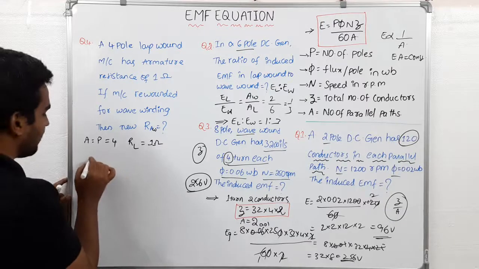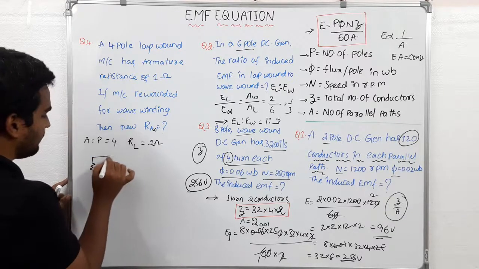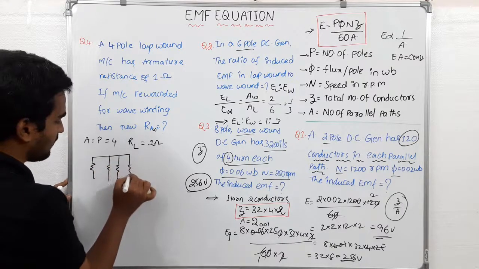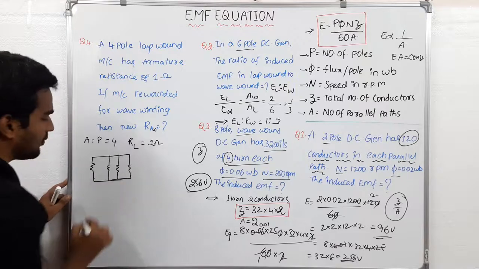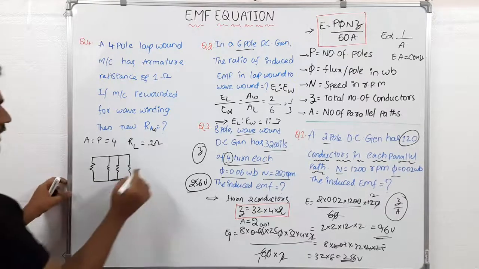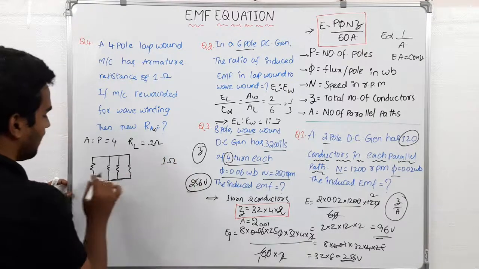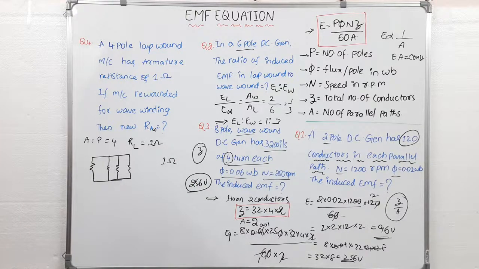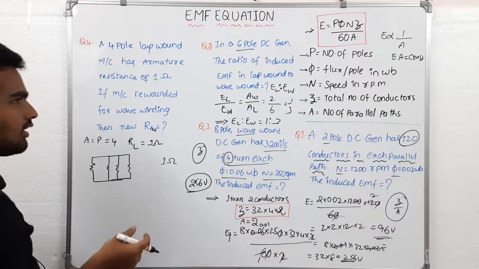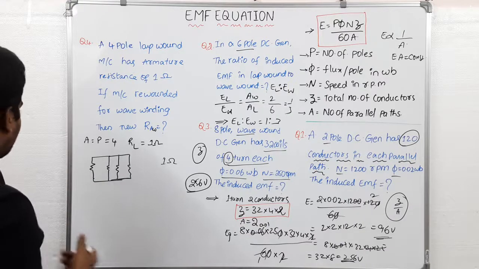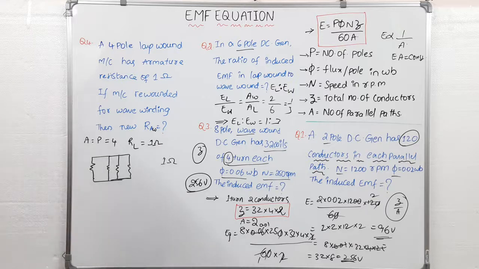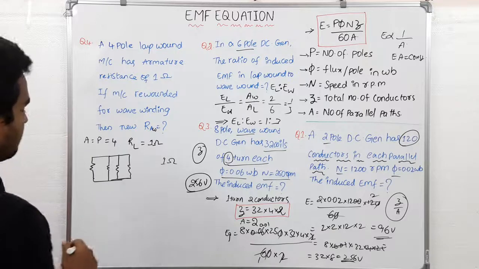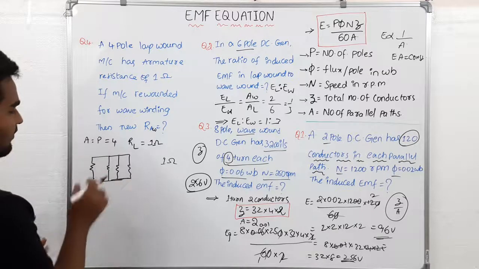If we draw the equivalent circuit, there will be 4 parallel paths in the armature, and the equivalent resistance value is 1 ohm. Then what will be the resistance of each parallel path? If n equal resistors are connected in parallel, then the equivalent resistance will be the value of resistance divided by n, just a parallel combination of resistors.